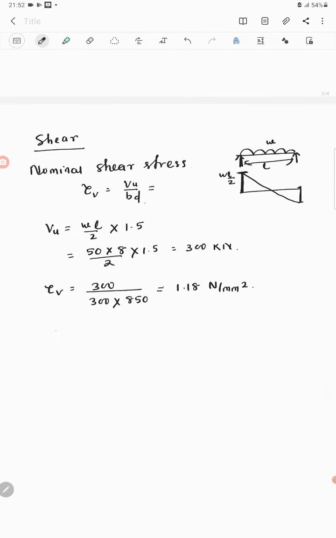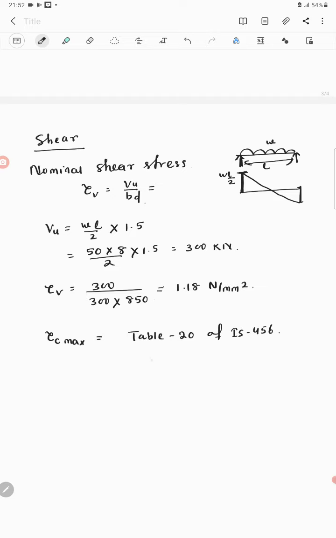Now we'll find out the maximum value of design shear stress, that is tau c max, for which you have to refer to table number 20 of IS 456, which depends upon the grade of concrete.